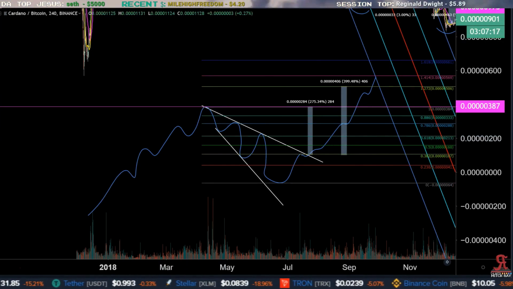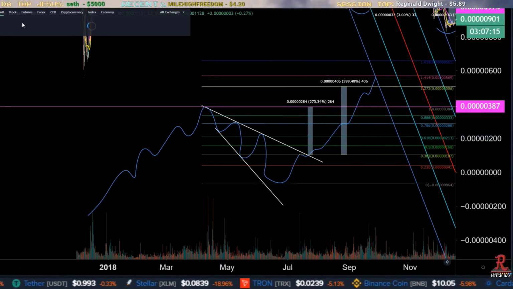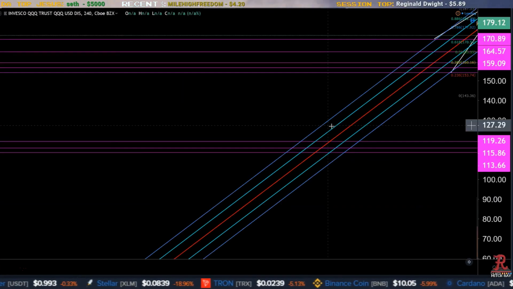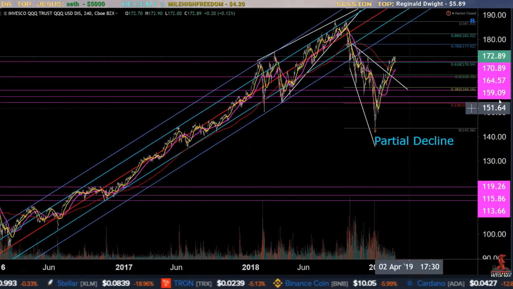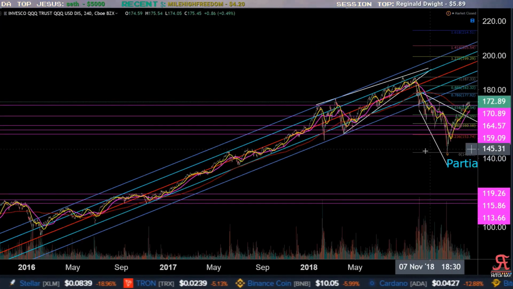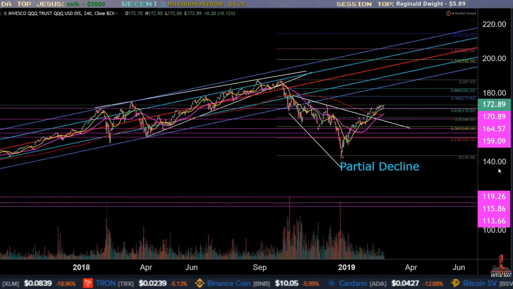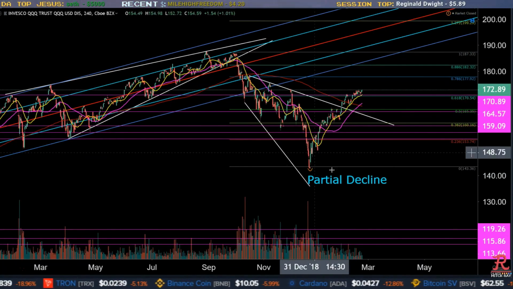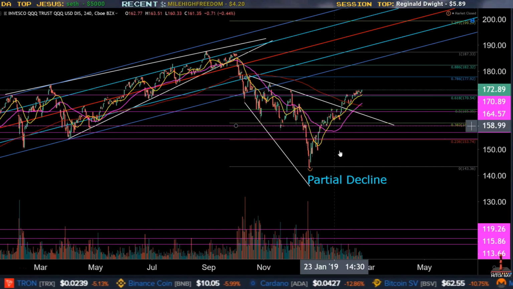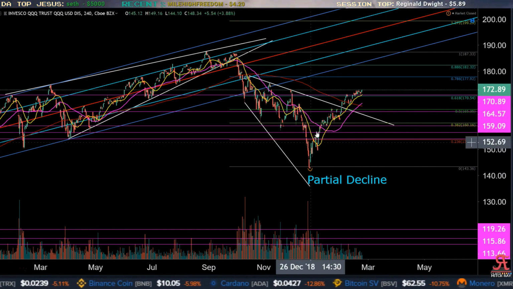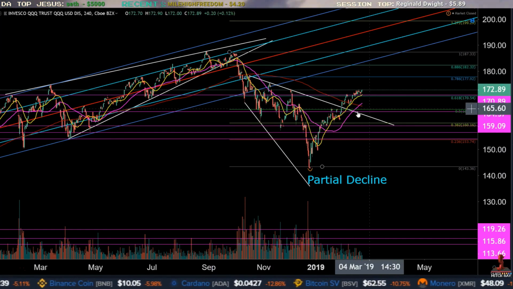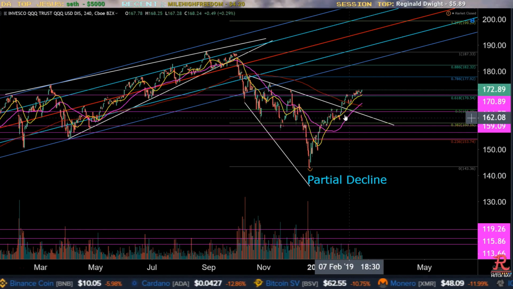You want to see an example? You want to see the most extreme, amazing example? Well, here you go. Look no further than the QQQs. Descending broadening wedge, the partial decline. We had this circled the whole time. As soon as we got up, once we touched the trend line, extremely high chance of breaking out, which we did.